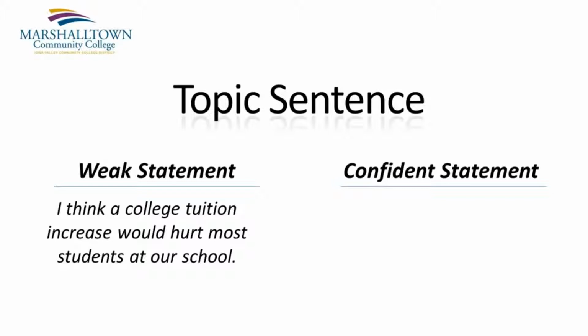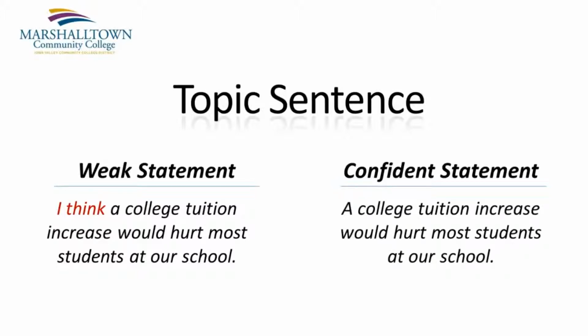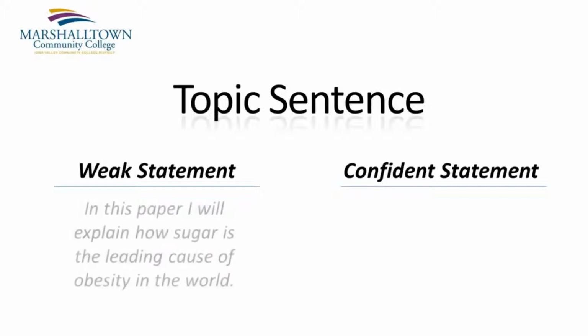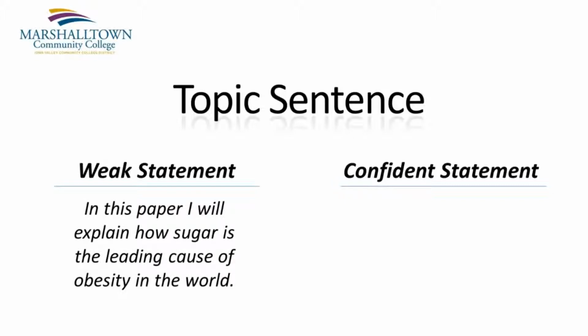Now, this is a grammatically correct sentence, but the words I think at the beginning tend to weaken the author's credibility. A better approach to writing this sentence would be to simply leave out the words I think. A college tuition increase would hurt most students at our school. Do you see the difference here? Here's another example. In this paper, I will explain how sugar is the leading cause of obesity in the world.